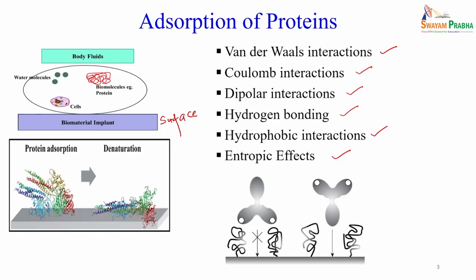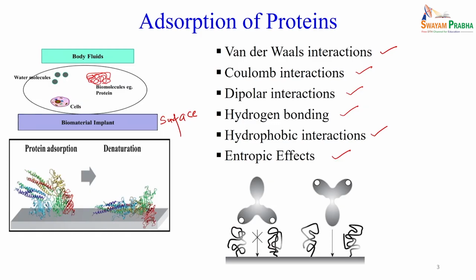If it is unfolding or denaturing, its desired functions will be lost. So, depending on the surface property, we can tune the intermolecular or the protein surface interactions, and that can decide what will be the conformation of the adsorbed protein on the surface as well as what will be the adsorbed amount on the surface. These are the intermolecular interactions we have already discussed.